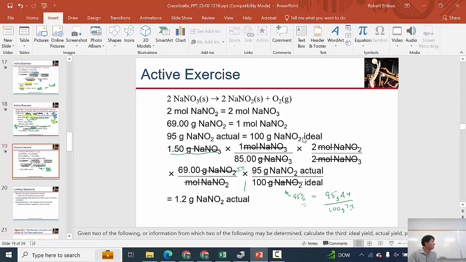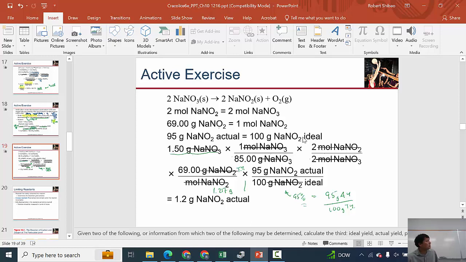I'm going to calculate the theoretical yield. It would be 1.5 divided by 85 times 69. The theoretical yield that we calculate up to this point is 1.217 grams, so about 1.22 grams.